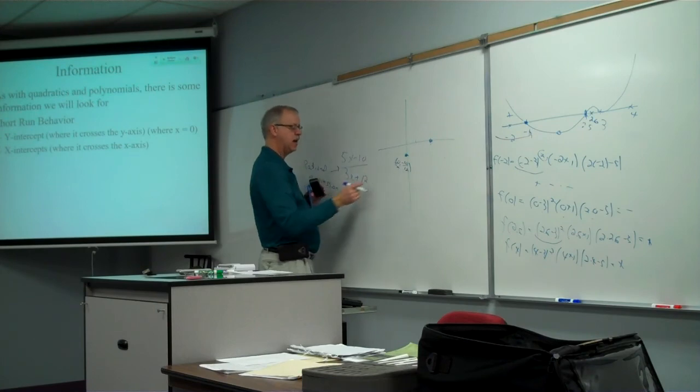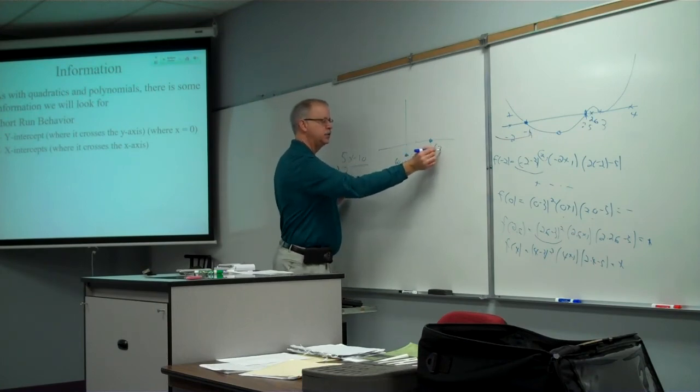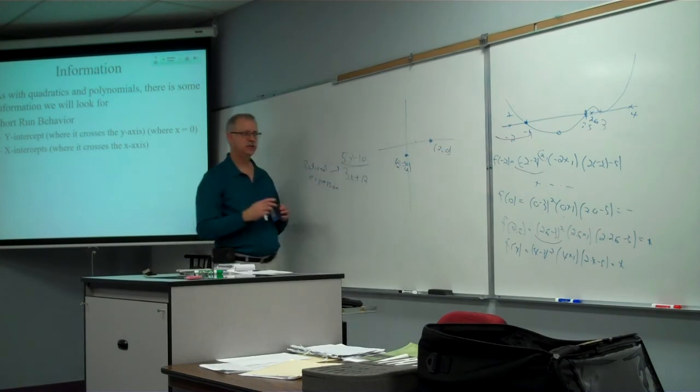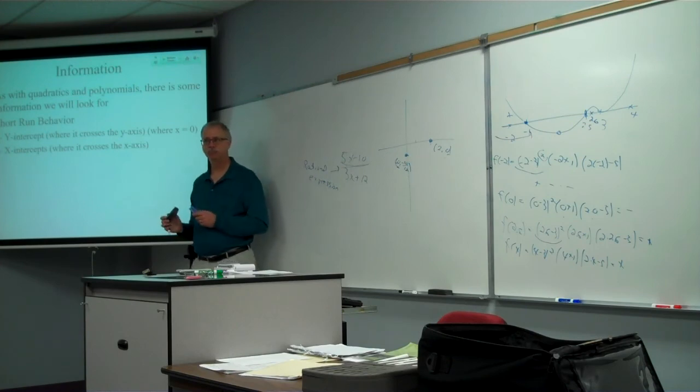So the y-intercept, what happens when we plug in x equals 0? The x-intercept is where the function is going to equal 0, and it turns out that that's where the numerator is 0.